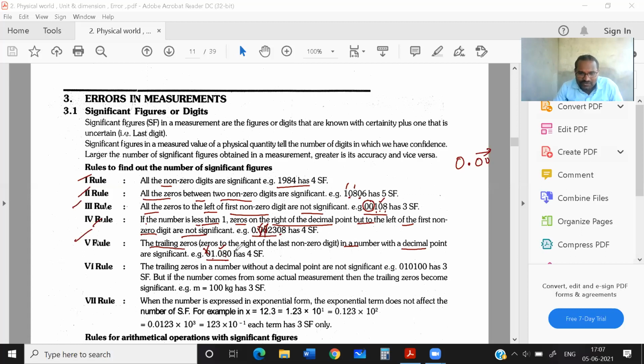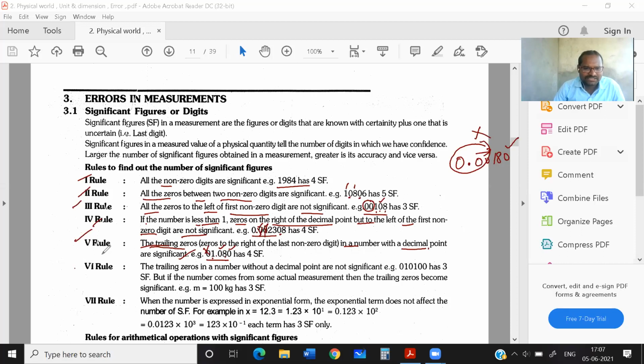This ending 0 will become a significant number if there is a decimal point in the number. The trailing zeros, zeros to the right of the last non-zero digit, are called trailing zeros. Trailing zeros in a number with a decimal point are significant. So 180 is there. This 0 is significant, but these 3 zeros are not significant, like that.